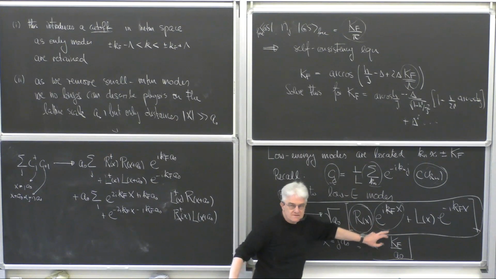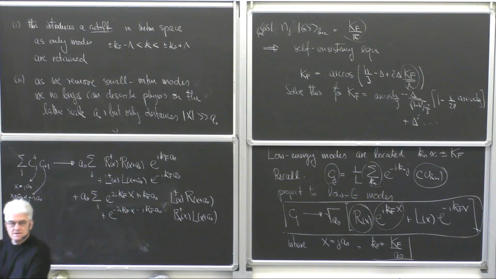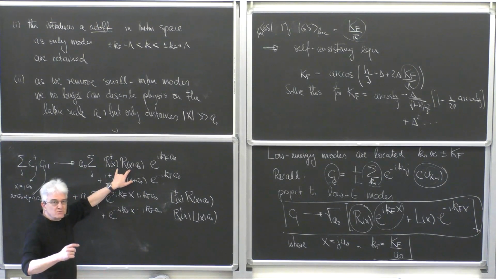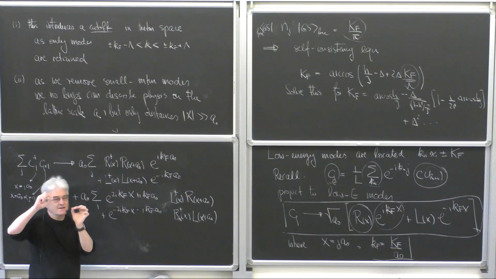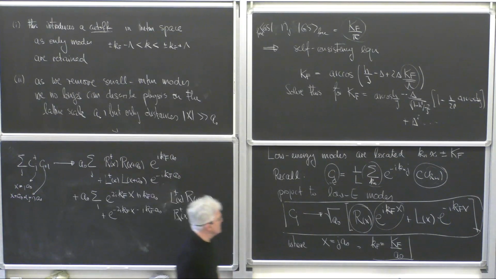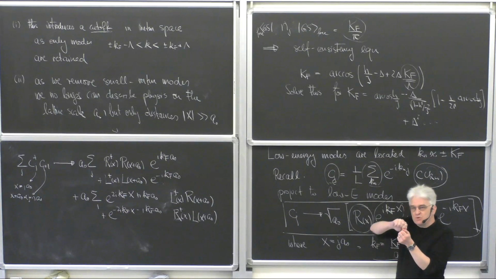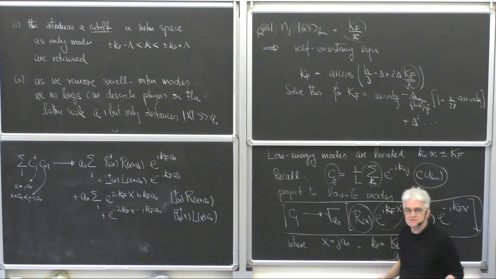So things like these would correspond to making a hole close to k_F and then putting a particle also close to k_F, and the other ones go across the Fermi sea, yeah?